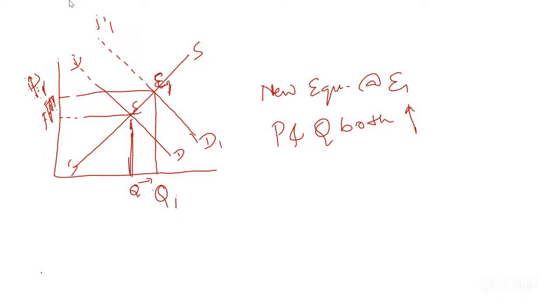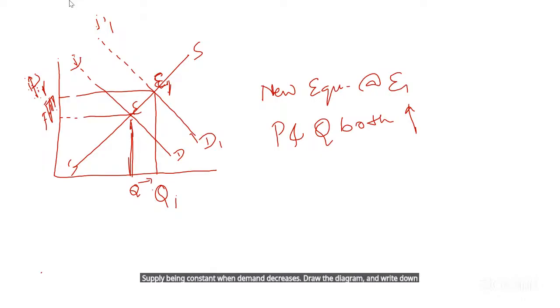Supply being constant when demand decreases. Draw the diagram and write down the result.